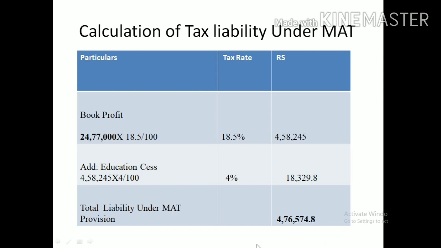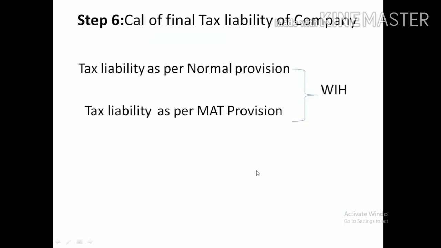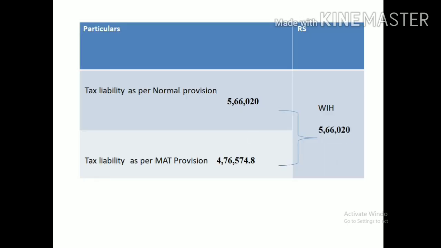Then next we will go for calculation of final tax liability. This is the comparison of tax liability as per normal provision and tax liability as per MAT provision, whichever is higher. Tax liability as per normal provision is 5,66,020. As per MAT provision the liability is 4,76,574.8.